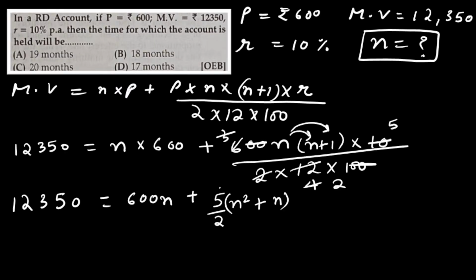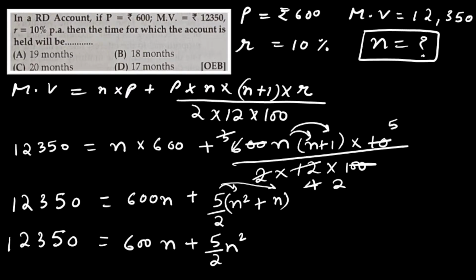Let us multiply 5 by 2 also with this. Because there is a bracket, whatever is written outside the bracket, that we have to multiply. So 12,350 is equal to 600N plus 5 by 2 into (N square plus N).